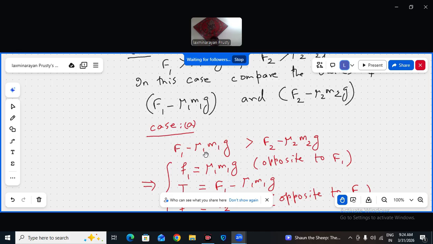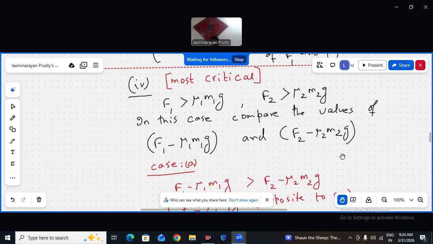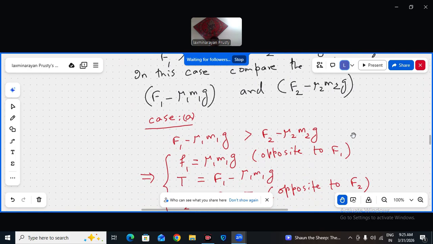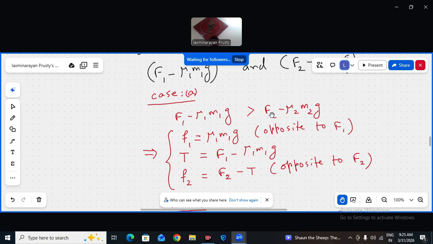So if F1 minus mu1 m1g is greater than this, it will try to reach the maximum friction force first. Since this is reaching maximum friction force, small f1 is mu1 m1g, opposite to F1.